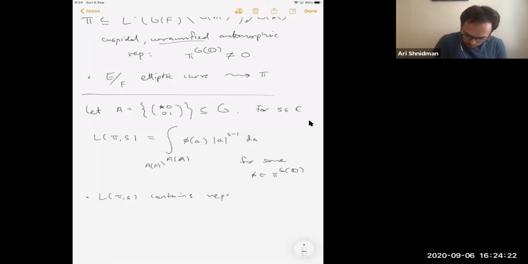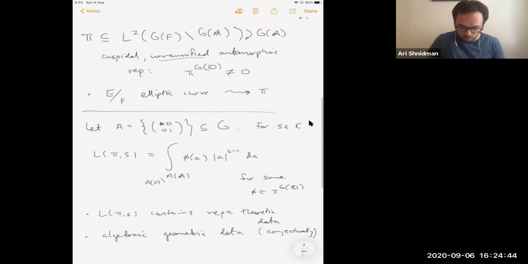So it contains representation theoretic data just from its definition. And the hope, and conjecturally at least, and in certain cases it's known, is that it also contains algebro-geometric data. But in general, there are very strong statements you'd like to say, and those stronger statements are conjectural.